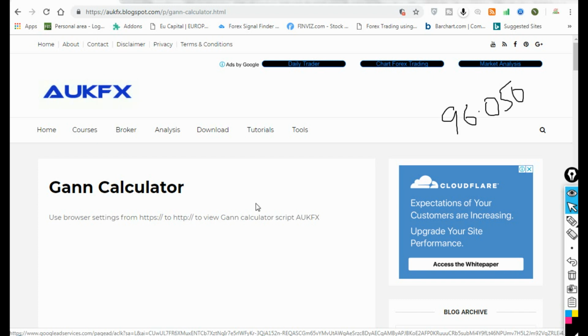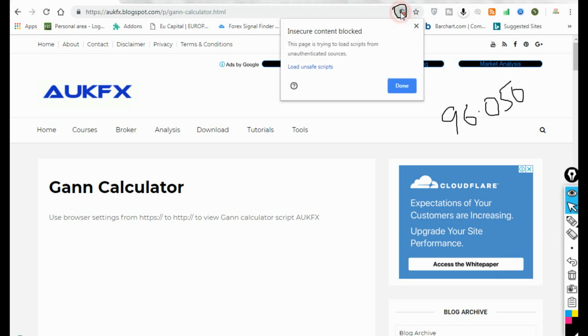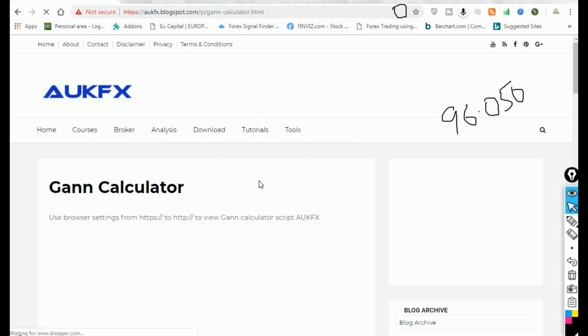So there is not a big hurdle in it. You just go to this point in your browser settings and click on it. It will show you load unsafe script.